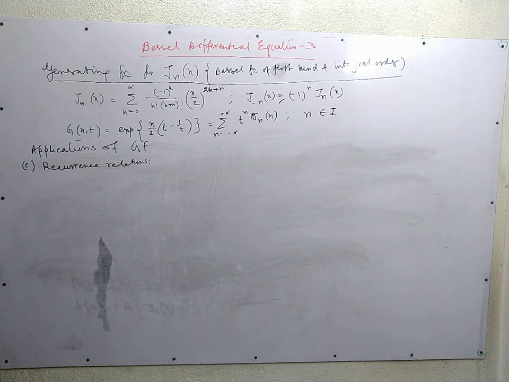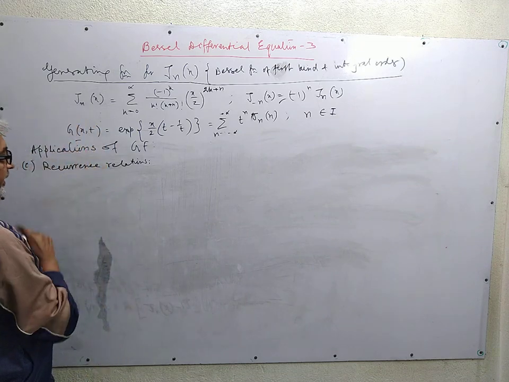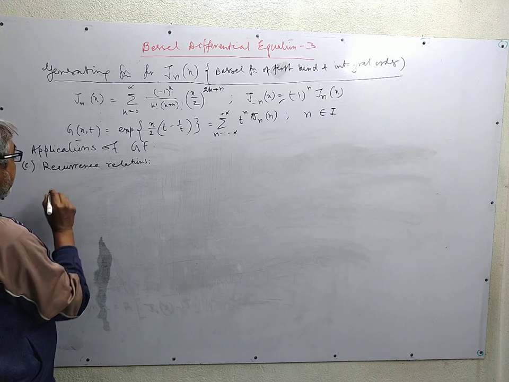So we differentiate first this generating function partially with respect to parameter t.